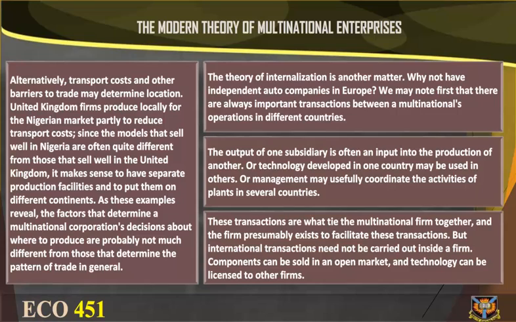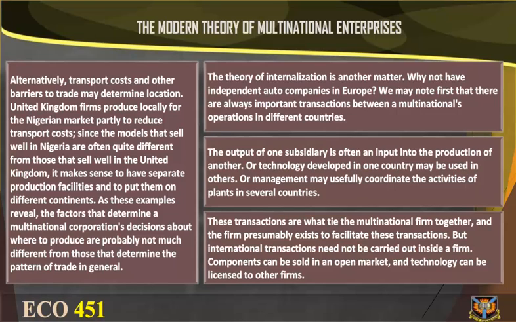The modern theory of multinational enterprises. Alternatively, transport costs and other barriers to trade may determine location. United Kingdom firms produce locally for the Nigerian market partly to reduce transport costs, since the models that sell well in Nigeria are often quite different from those that sell well in the United Kingdom.